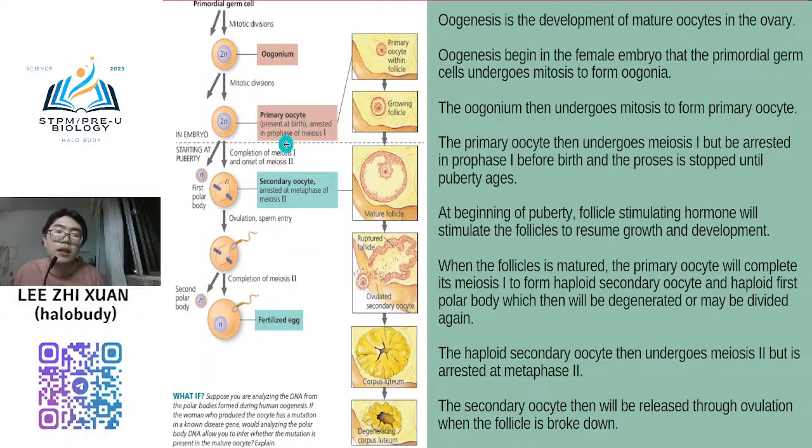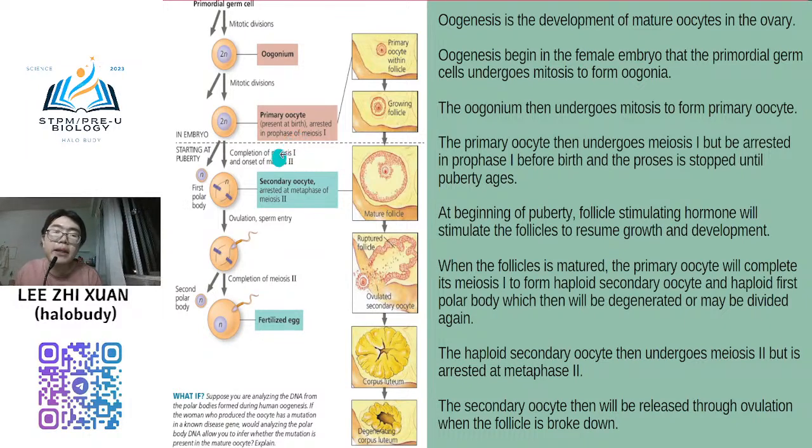It will stop at phase 1, and then continue again when you reach the puberty age. When the female reaches puberty, normally 12 or 13 years old, meiosis 1 will continue from phase 1.